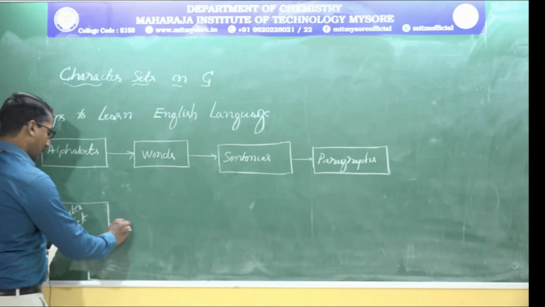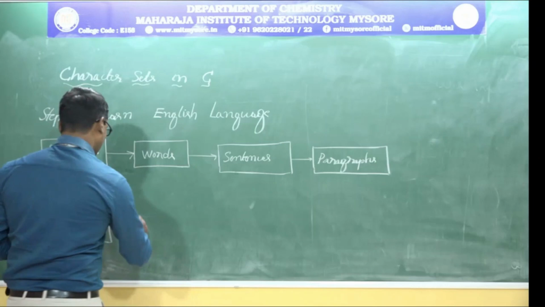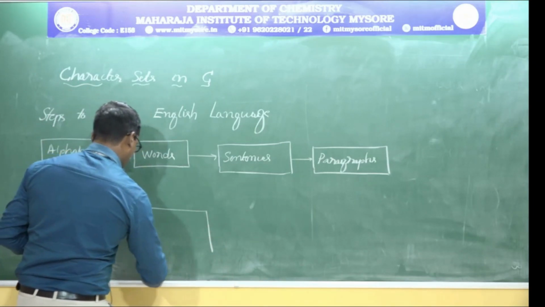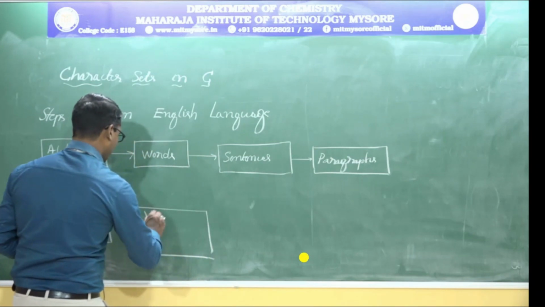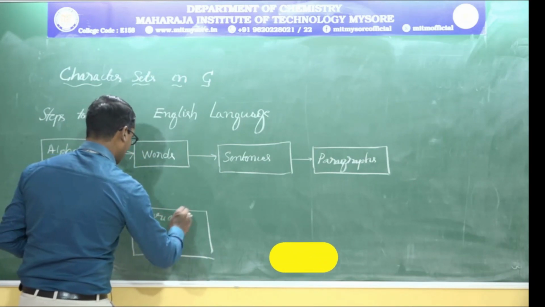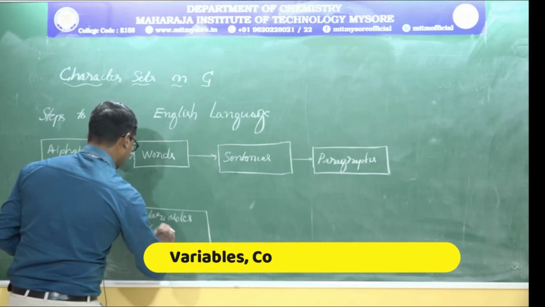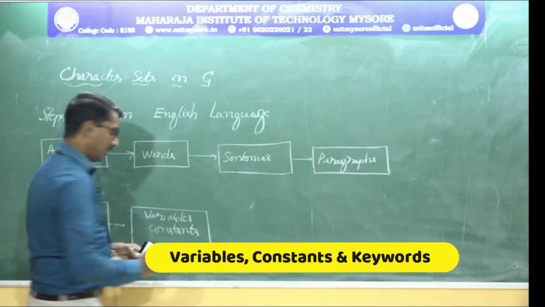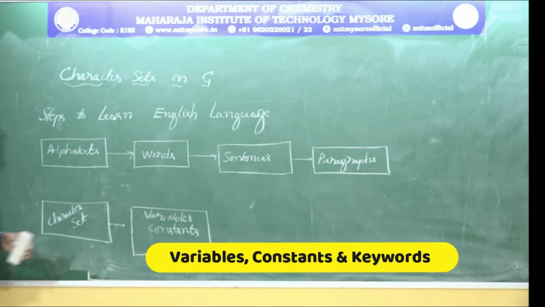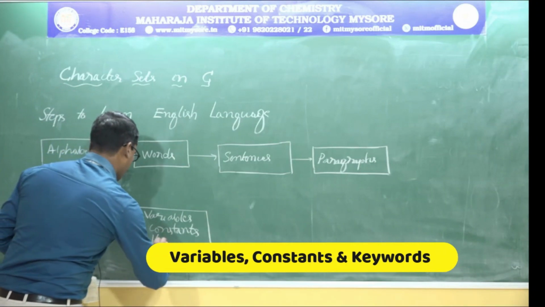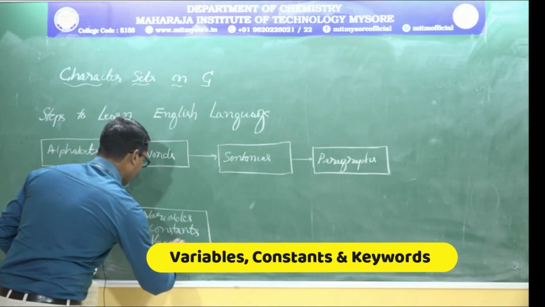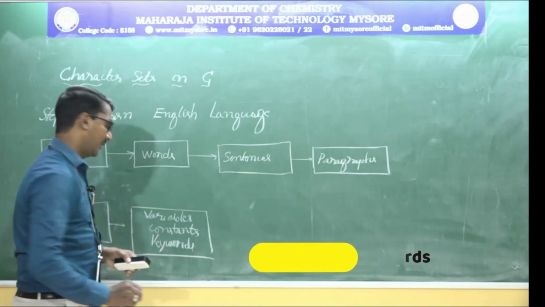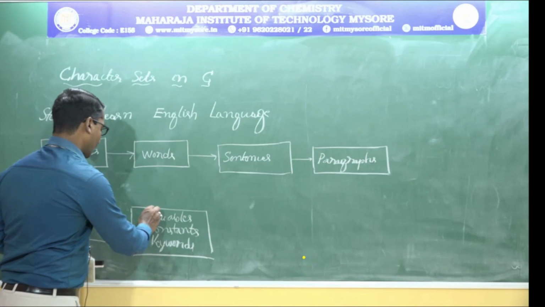After knowing the character set, the next step is we need to learn variables, constants, and keywords. Variables, constants and keywords: this is very much essential.